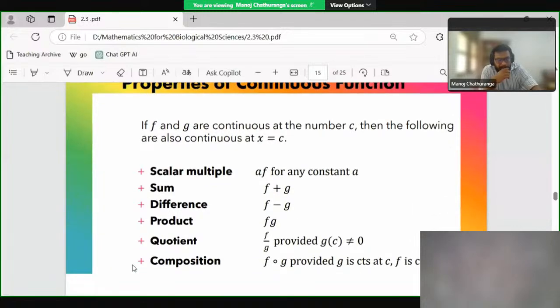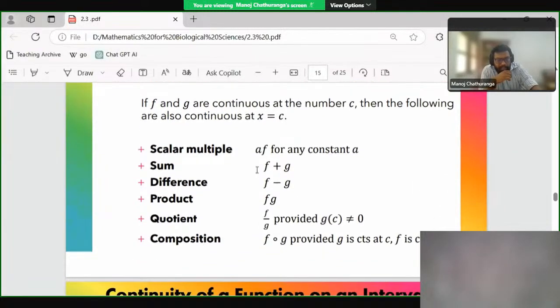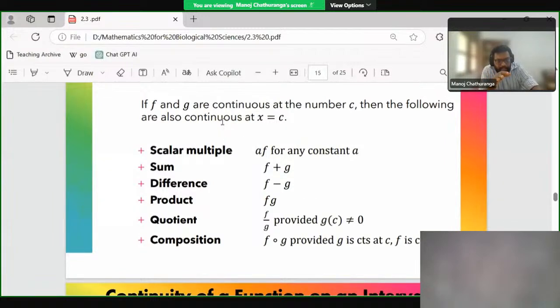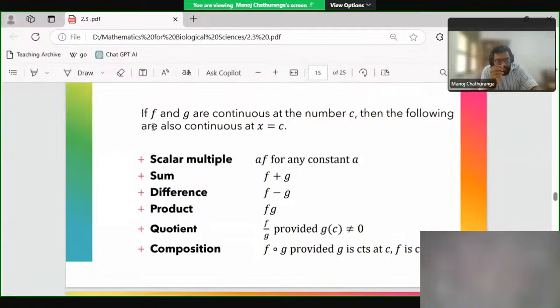Properties of continuous functions. Say you have two continuous functions. That means both f and g share a common domain, and both of them are continuous at a point c.